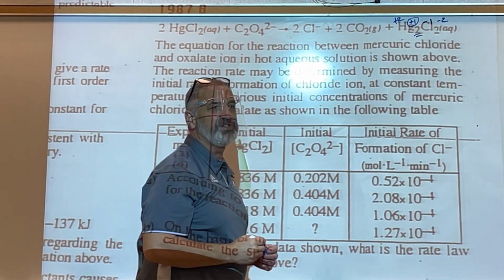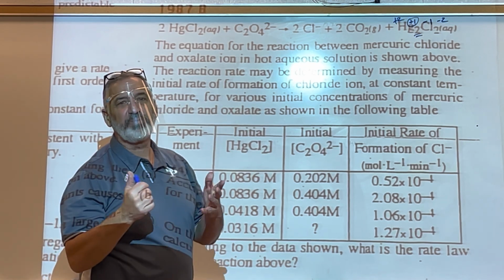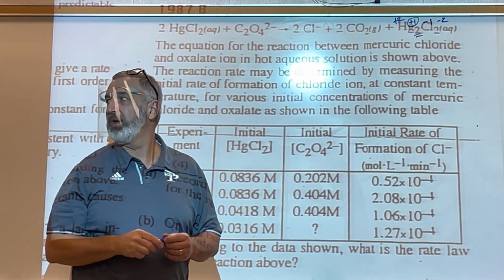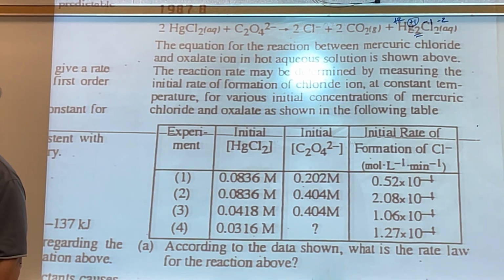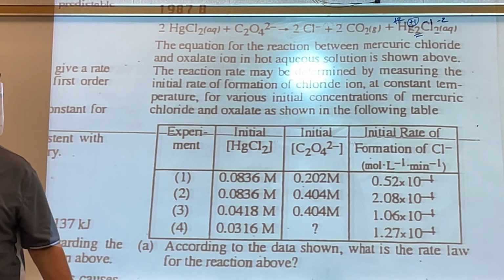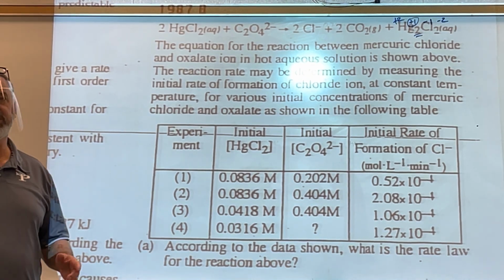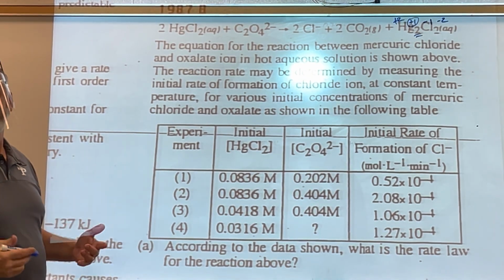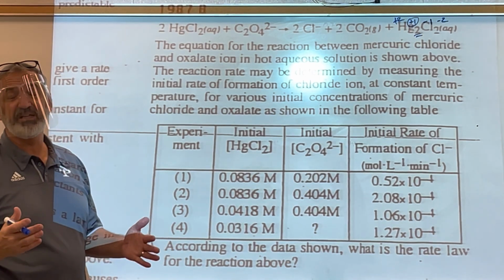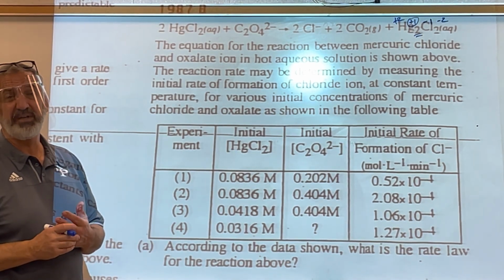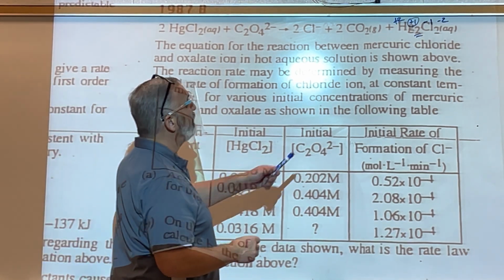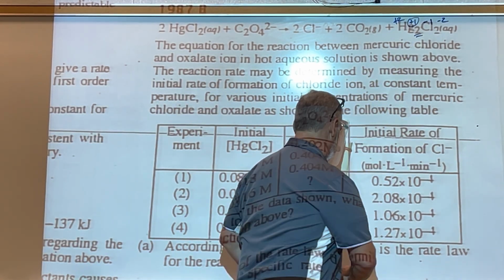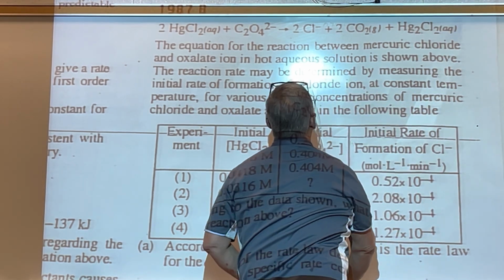So it's Hg2Cl2, but that's mercury in the +1 state. You can look up here on the chart, mercury 1 is Hg2 2+. That's just to expose you to that. I hardly ever see where you have to know much about that. But mercury 1 is a diatomic ion. It's kind of crazy.